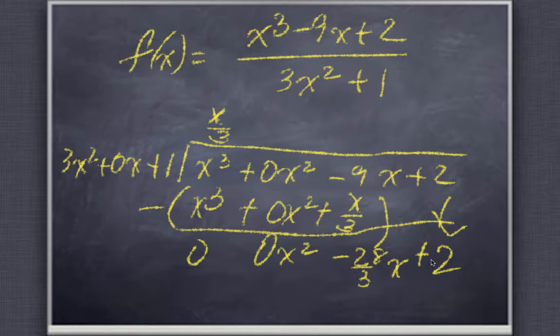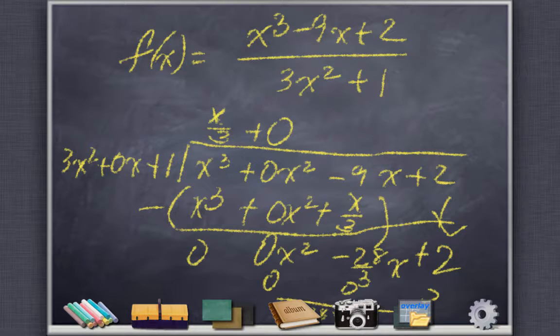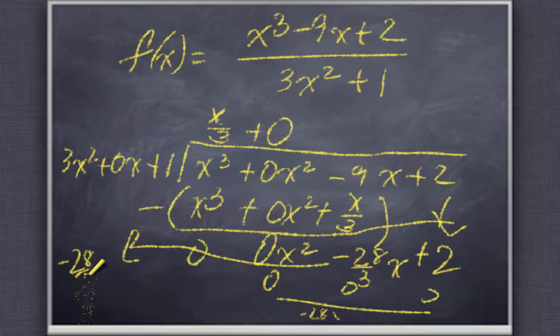That's not going to actually matter because I'm only going one more step if I'm doing this in practice, but to make a point for you, I'll continue. So 0x squared divided by 3x squared is 0. So I multiply 0 through, and down here I'm left with negative 28 over 3x plus 2.